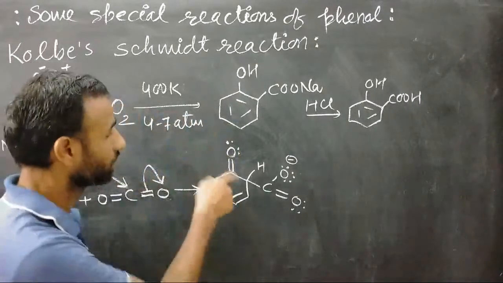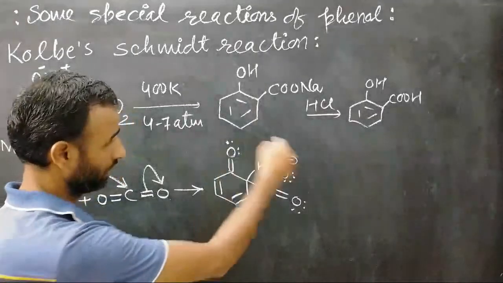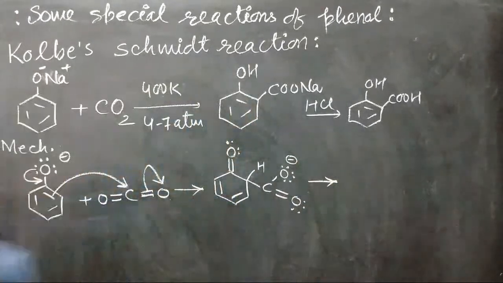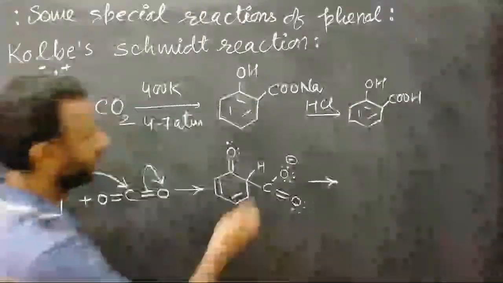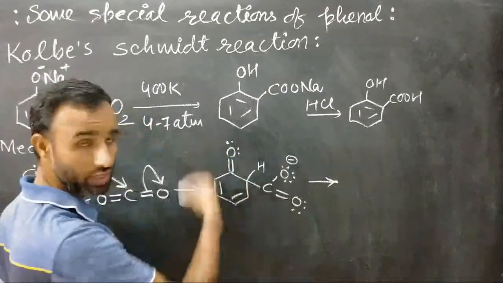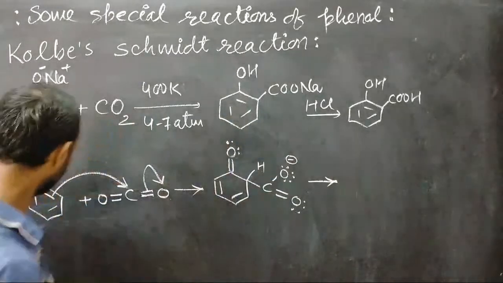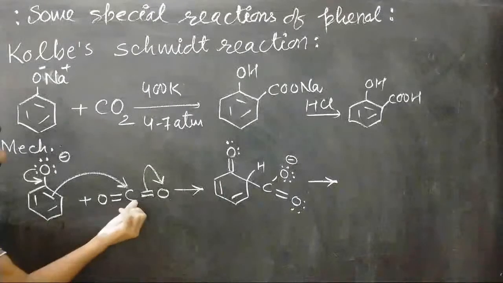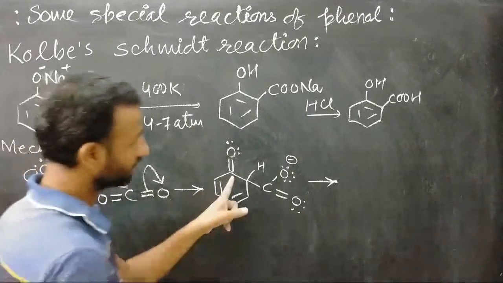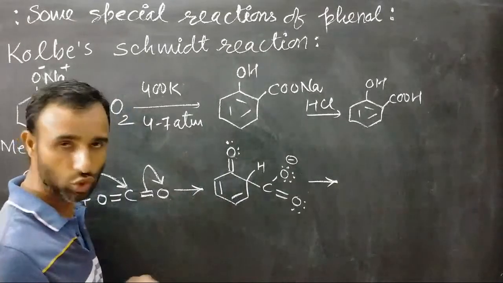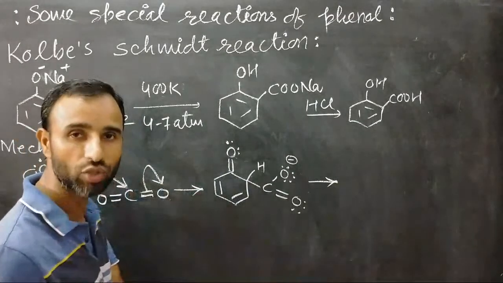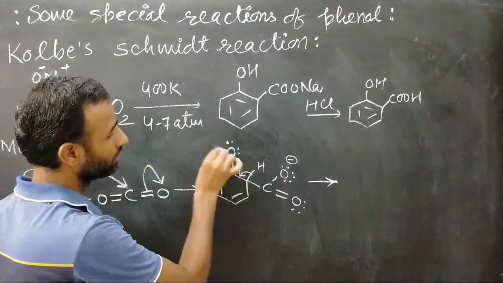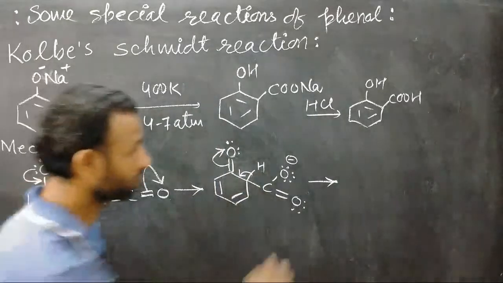So now, say we have this type of product. Now this H, because this is not aromatic, this phenoxide ion is aromatic in character. When CO2 attacks it, its aromatic character is destroyed. To regain or retain its aromatic character, this hydrogen H plus ion shift takes place.